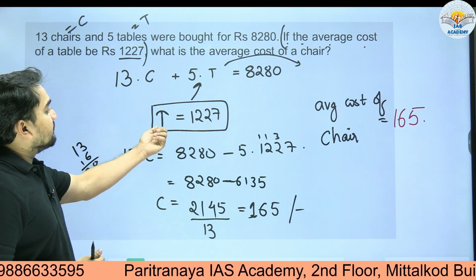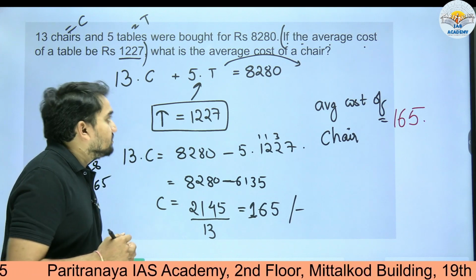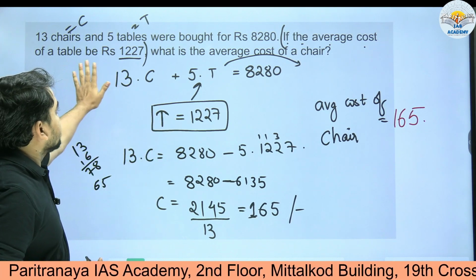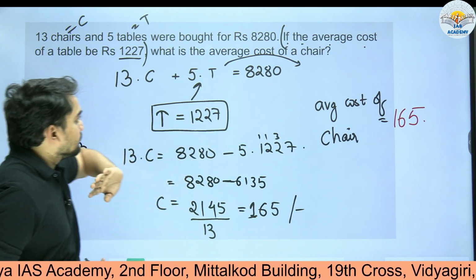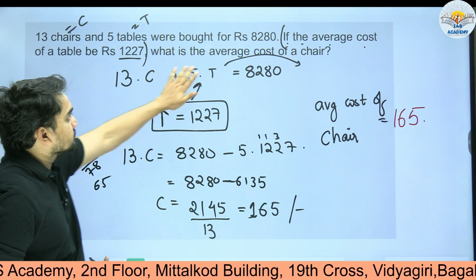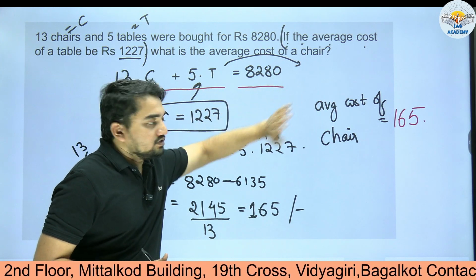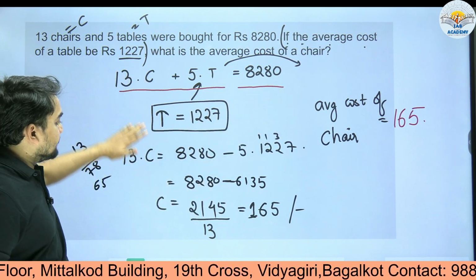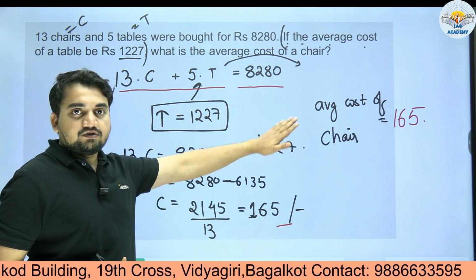Similarly, they have applied the concept for T is equal to 1227, that is, the average cost of a table is this much. They ask what is the average cost of a chair. In the first equation we have the equation through which we got the C value, so that will be the average cost of our chair.